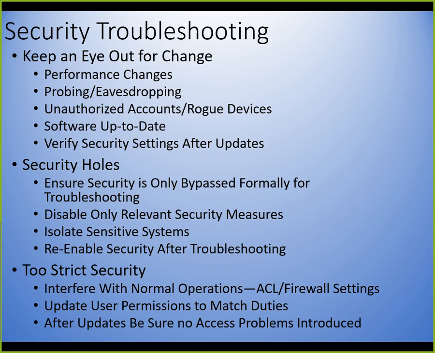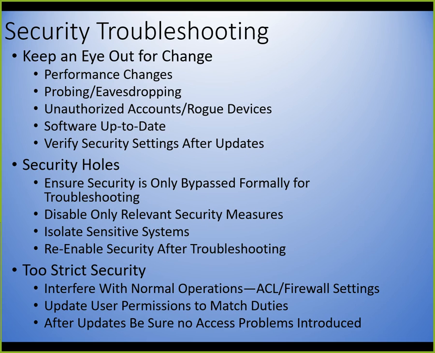And then too strict security. We talked a little bit about that, particularly with passwords, but it can interfere with normal operations. Access control lists and firewall settings may be too restrictive for things. For user permissions, update them to match the duties. If somebody changes jobs, you're going to have to change the permissions that they have. What can they access?